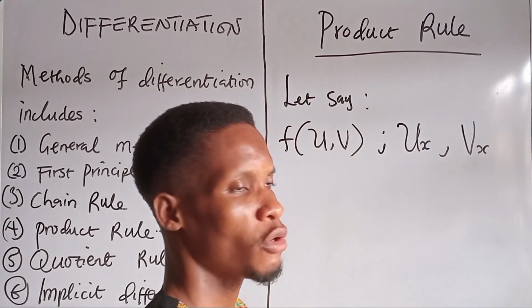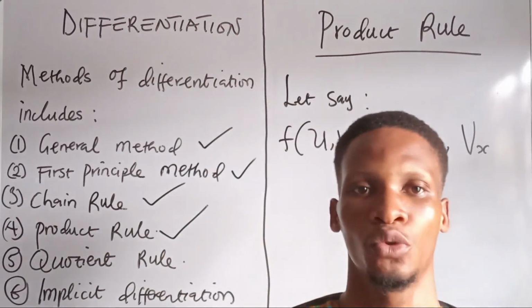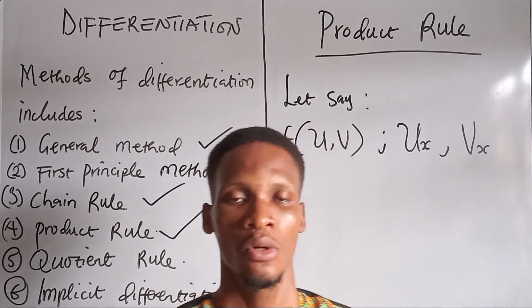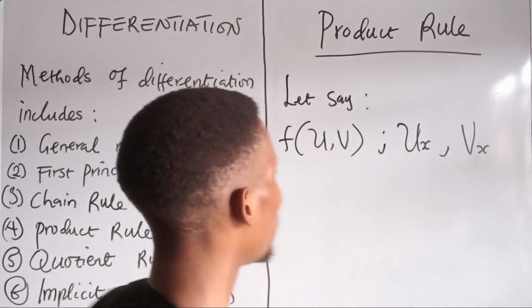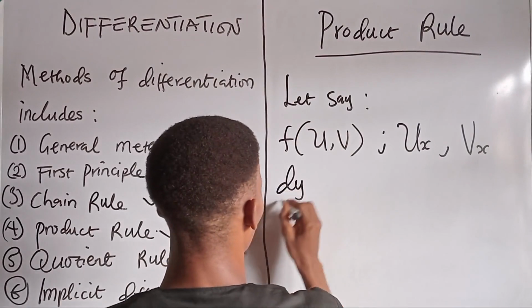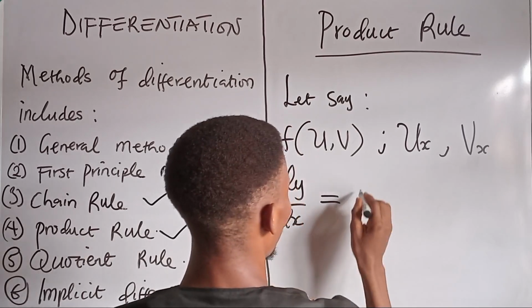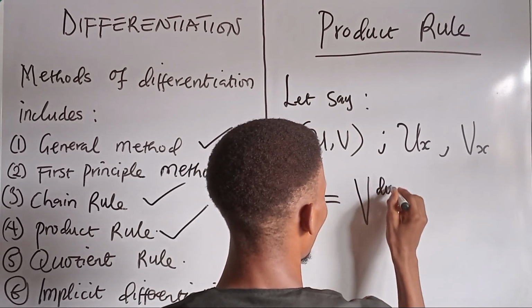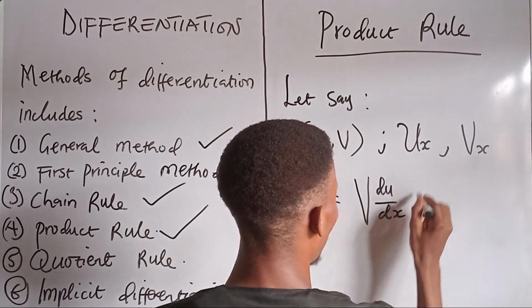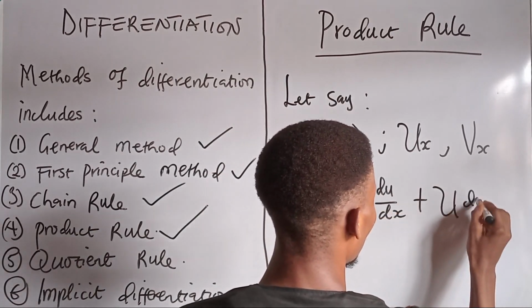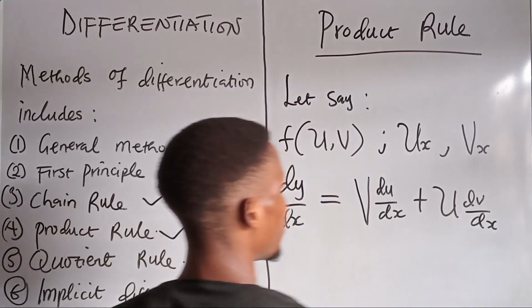Therefore, the formula that we use for this product rule is dy over dx is equal to v du over dx plus u dv over dx.